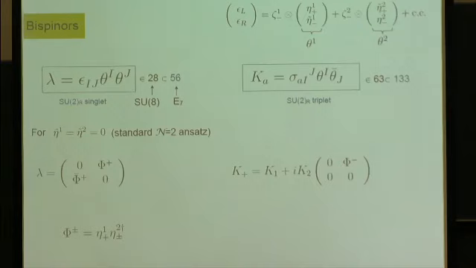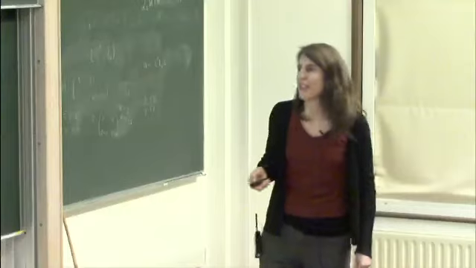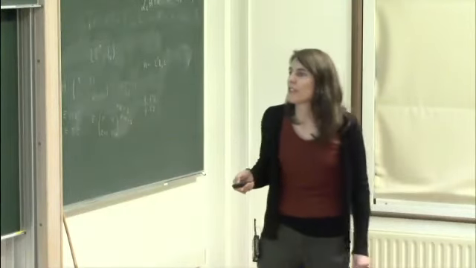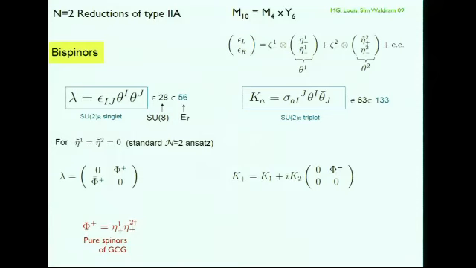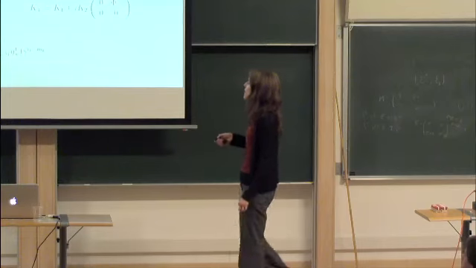And these are the famous, or well, I hope you've heard about them before, the pure spinors of generalized complex geometry. So you can think of this basically as the E7 version of phi plus and phi minus. And in general, the bispinors that we will construct are the equivalent of these pure spinors.